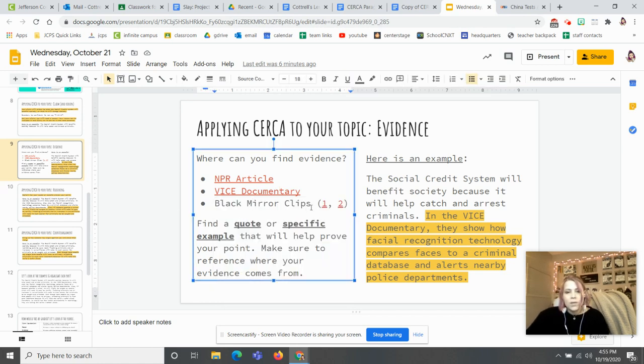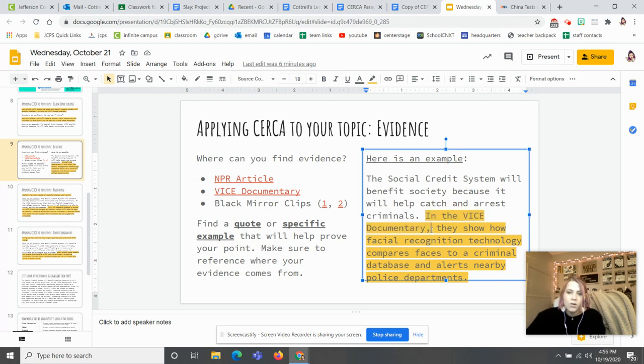And then the Black Mirror clips are right here. For these, you would just reference a specific example from the Black Mirror clips. And then just make sure you reference where your evidence comes from. Just like I did here, I wrote in the Vice documentary. You can write in the NPR article or the Black Mirror clip. So just tell us wherever you're getting that information from. And then write out the evidence here.